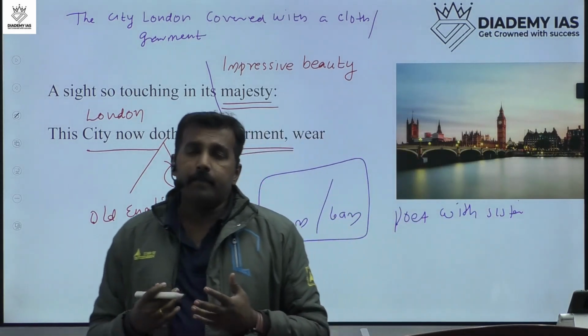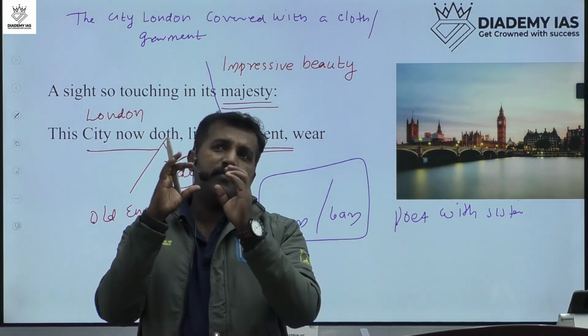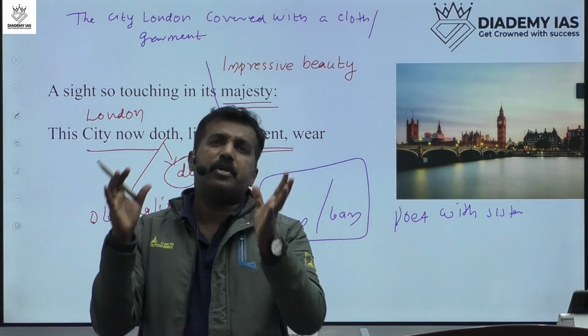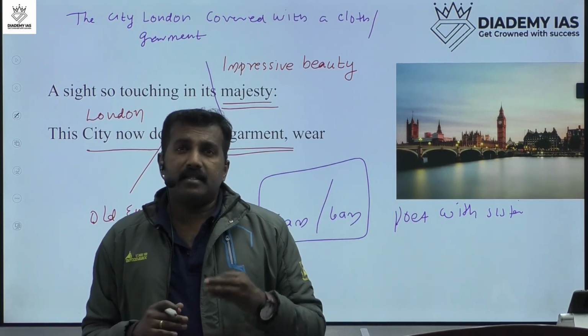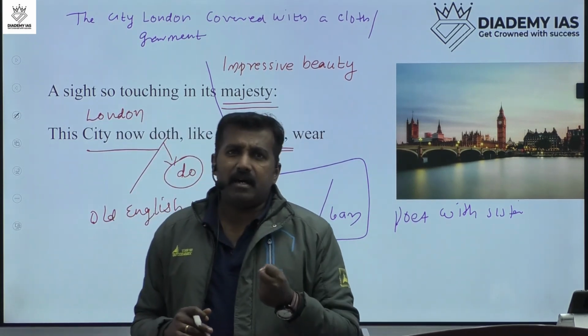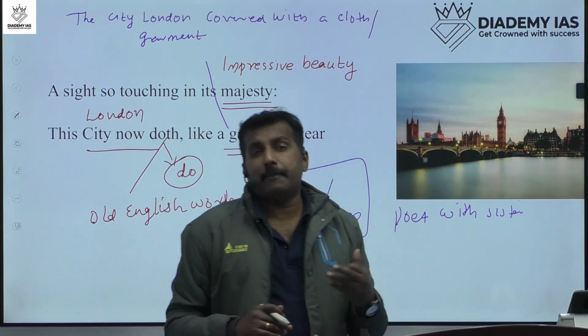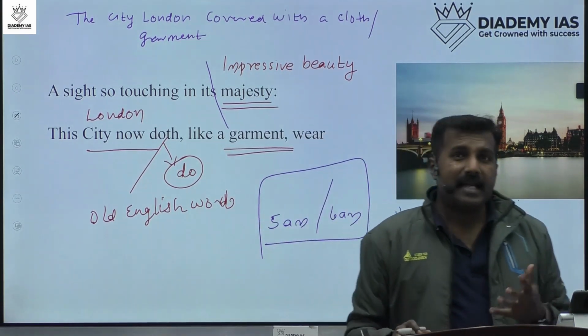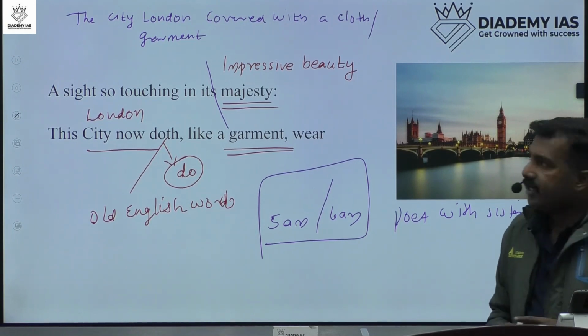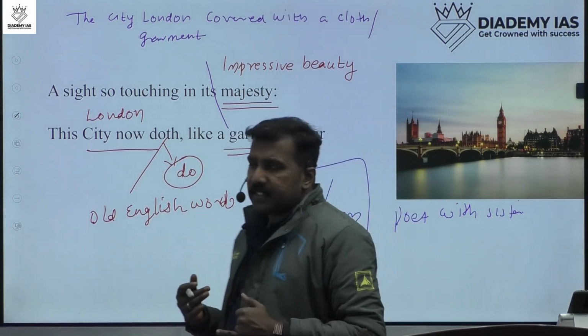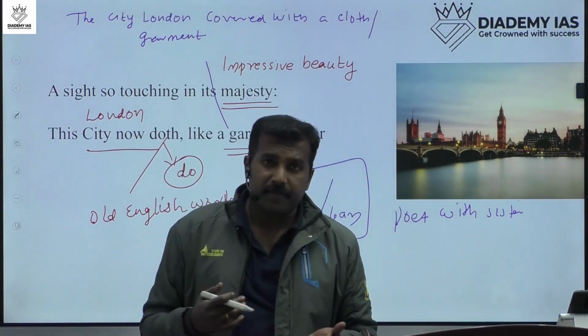And the poet sees the beauty of the city, the early morning city. That means it's very, very beautiful. And the poet calls it majestic, the word majestic. Okay, so this is the meaning of lines 3 and 4 of the poem.